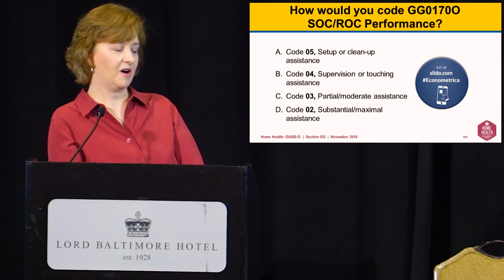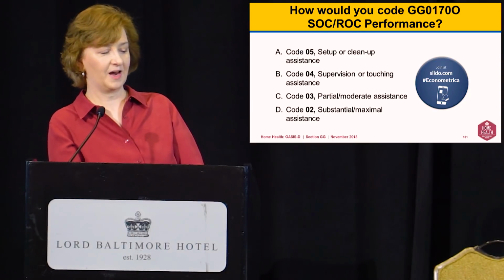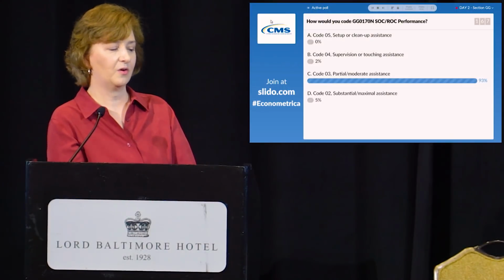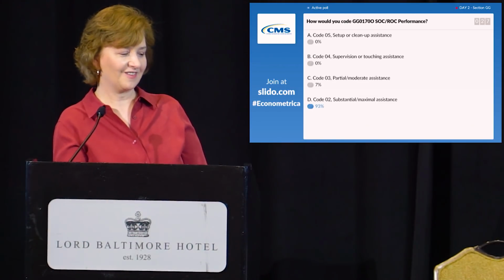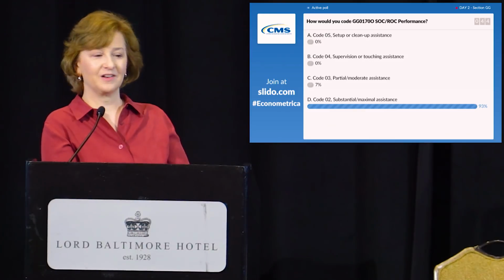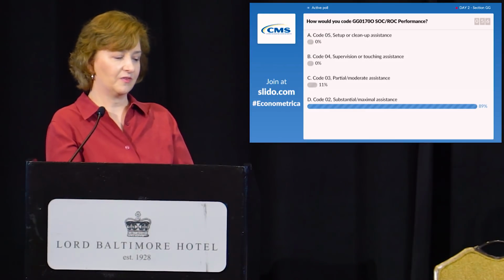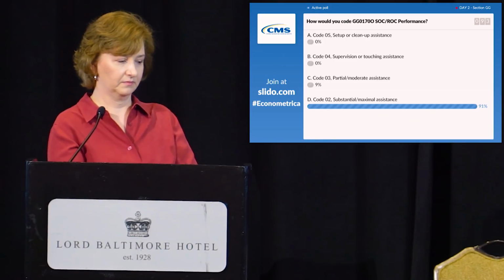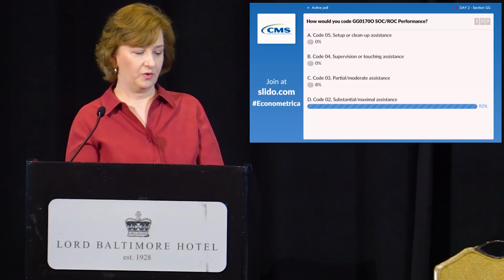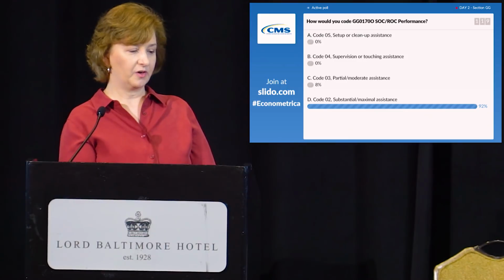The options are to code 5, set up cleanup assistance, or code 4, supervision touching assistance, 3, partial moderate assistance, or level 2, substantial maximal assistance. Looks like most of you are coding level 2. I do agree with that.